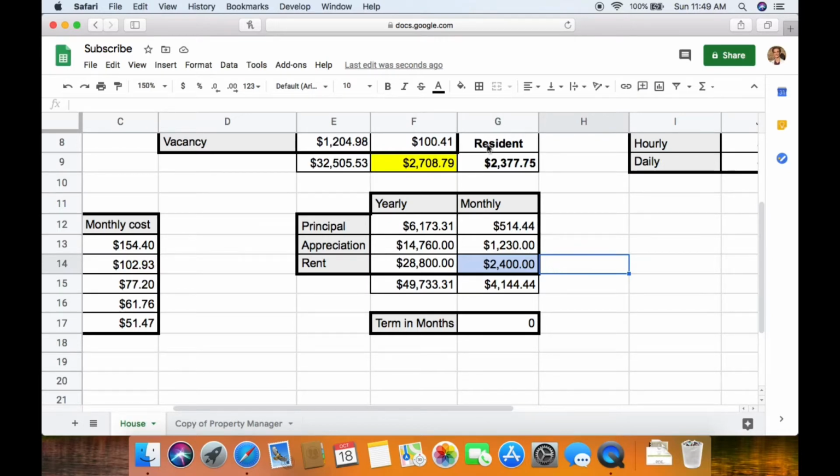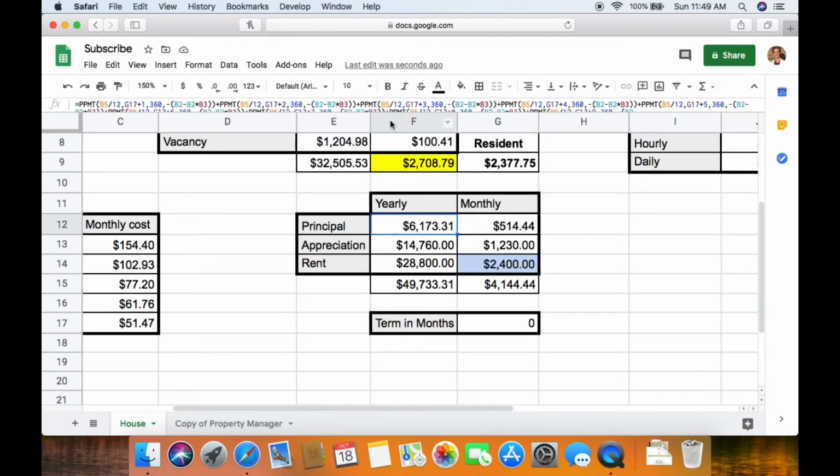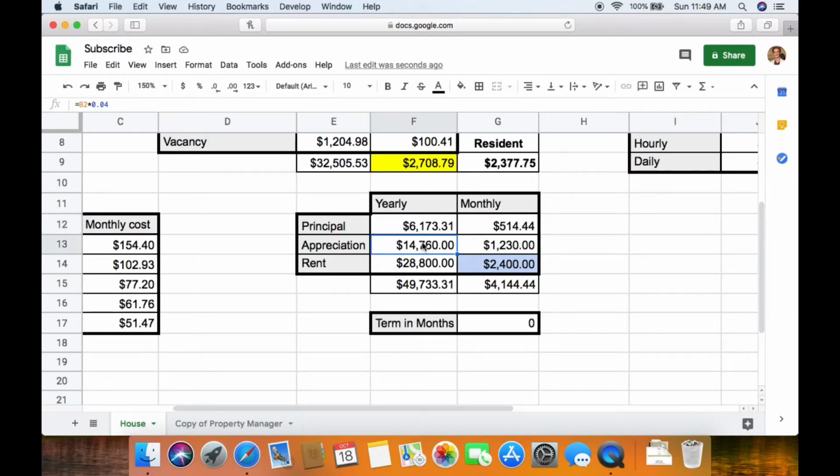Now what we're also calculating in this little box here is your principal that you're making every single month through this big string of numbers, average appreciation, and your yearly rent that you're getting in here. So you can see technically the amount of money that you're making off of this property is almost $50,000 a year. And that is in your first year.